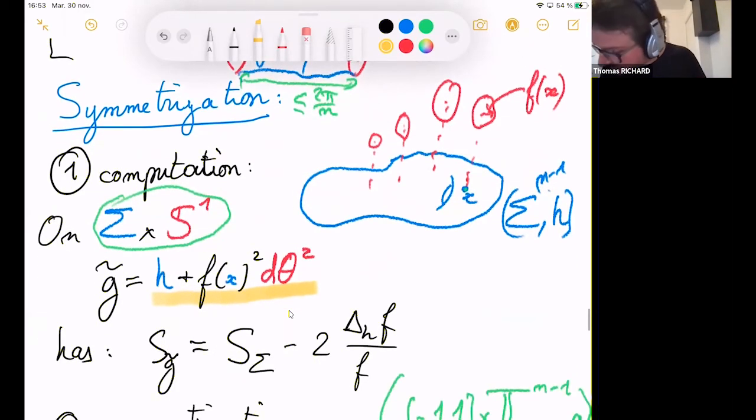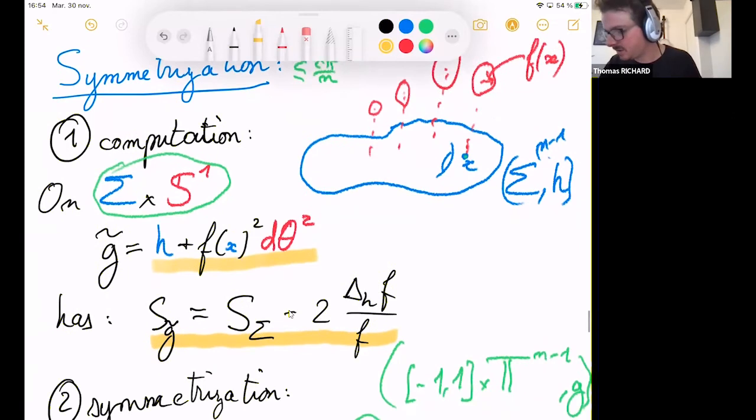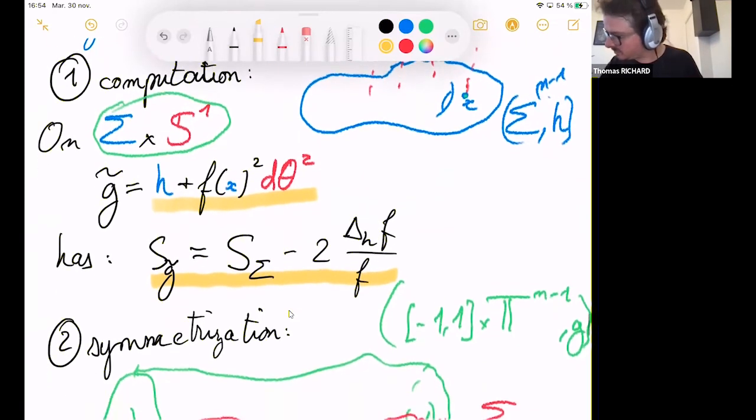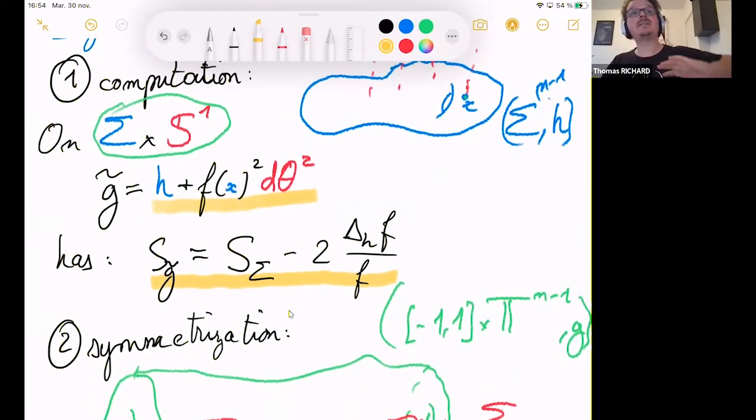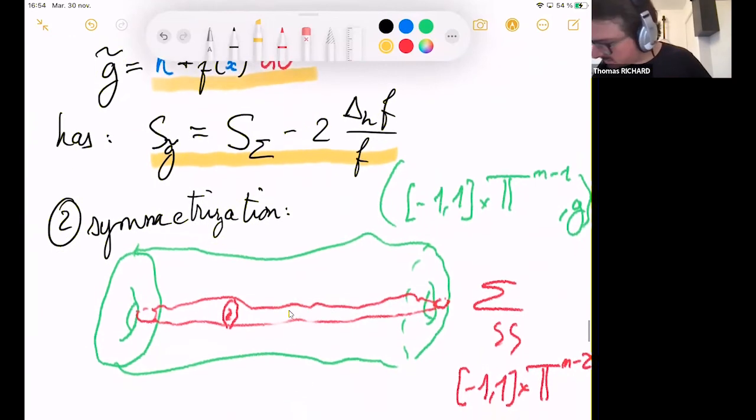And then it's a computation that the scalar curvature of this new metric is the scalar curvature of Sigma minus twice the Laplacian of f over f. So there's a calculus on Riemannian manifolds, there's a Laplacian. It's not too complicated. And then I will use this construction to make a symmetrization argument. So it goes in this way.